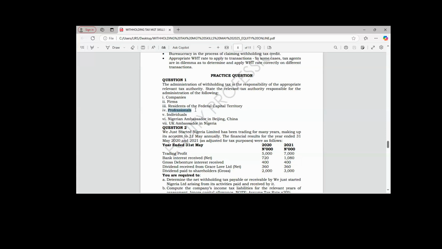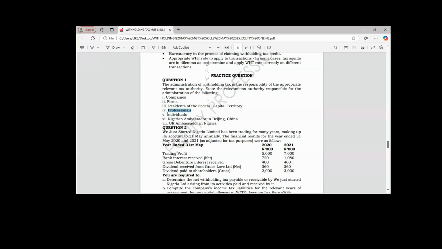Then number four, professionals. Who will be responsible for the withholding tax collected from professionals? State Internal Revenue Service, because professionals are usually firms, either partnerships, enterprises, or individuals.